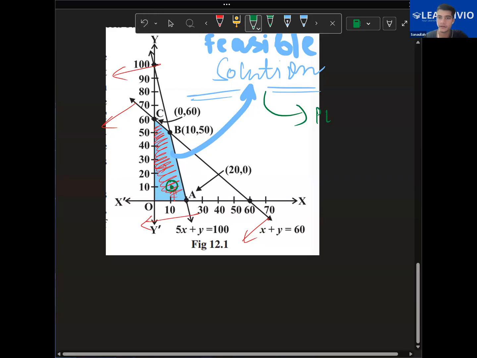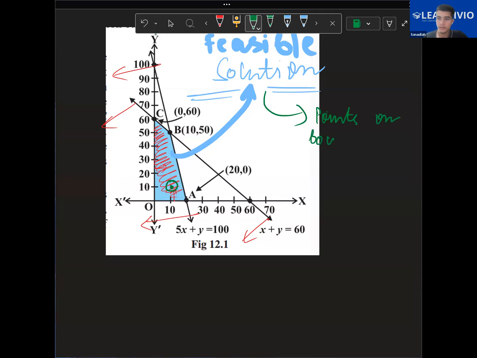This is an important thing. Points on boundary and inside feasible region. This is feasible solution.